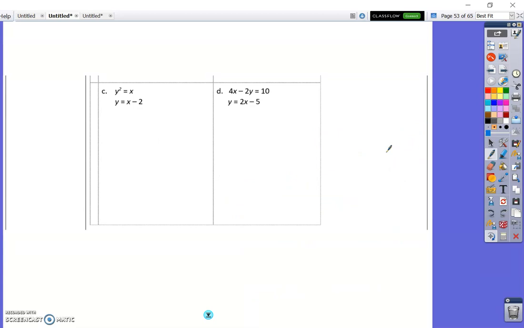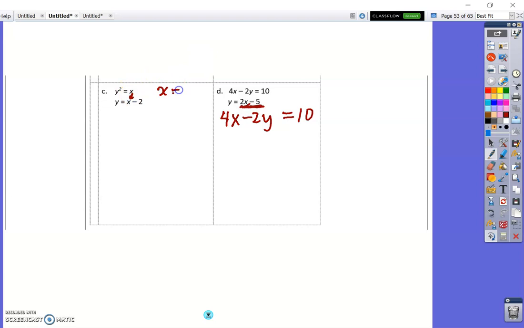So then we have these other problems to try. Let's go ahead and I will demonstrate D this time and leave you with the other one to do. So we've got 4x minus 2y equals 10. And I'm going to take that equation and replace y with 2x minus 5, because we do a pretty good job with the smash method, which is what most of these are. This one is not quite a smash method because it's got y squared, but you can replace x the way I'm doing right now.